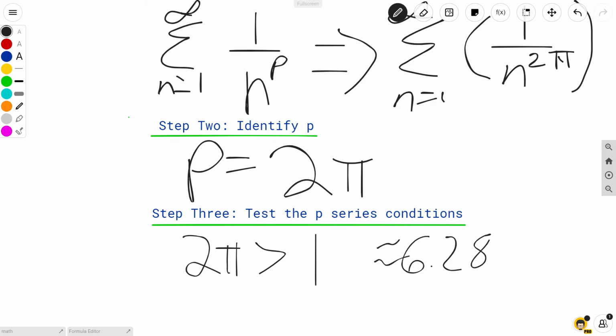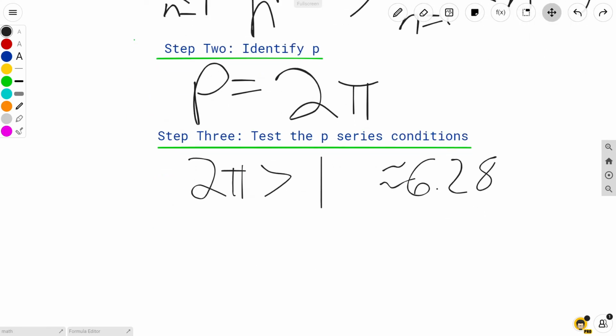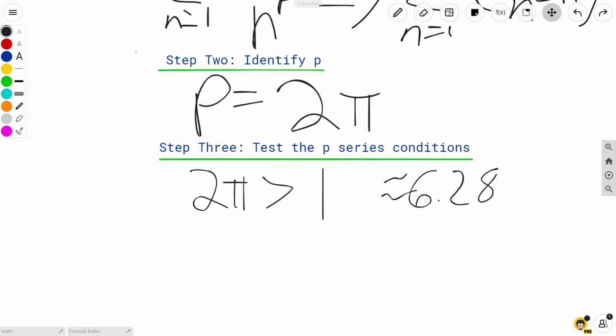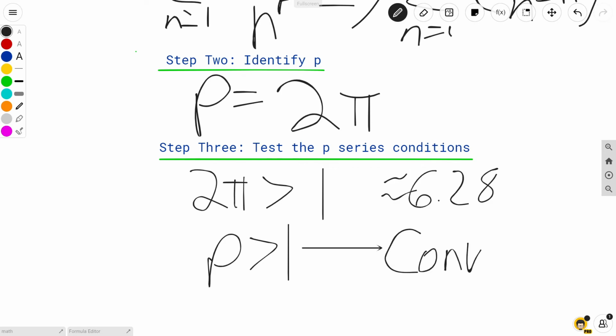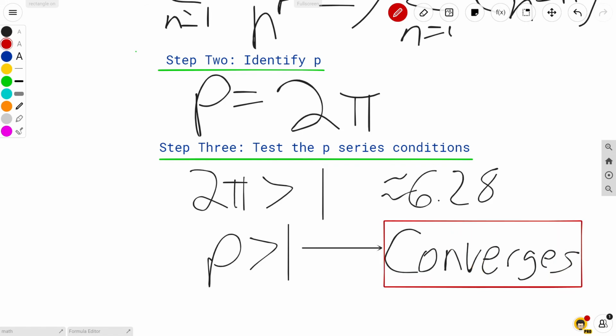So since p is greater than 1, we say that this particular series converges. And that's our answer for this problem.